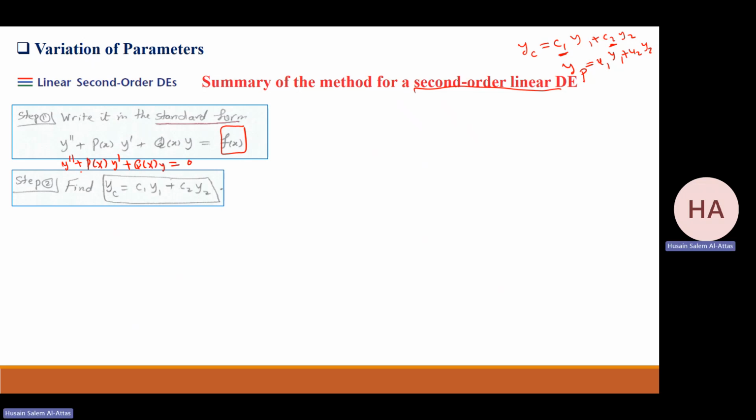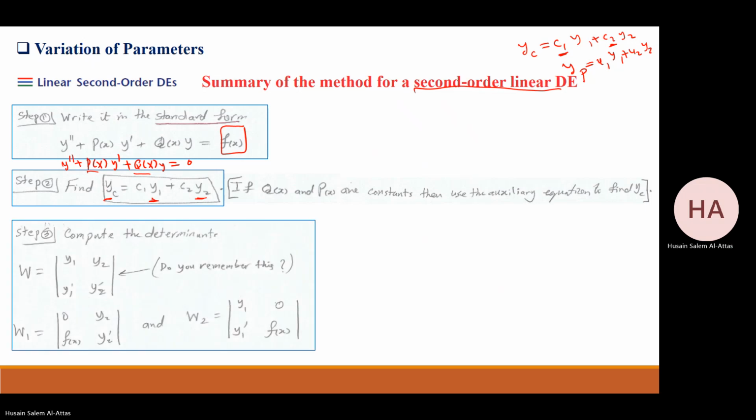If the coefficients P and Q are constant, then we can do it by 5.3, using the auxiliary equation. If they are not constant, then usually they will give you y1 and y2. Then I'll find yc. For this step, I need only y1 and y2. These are the most important ones.